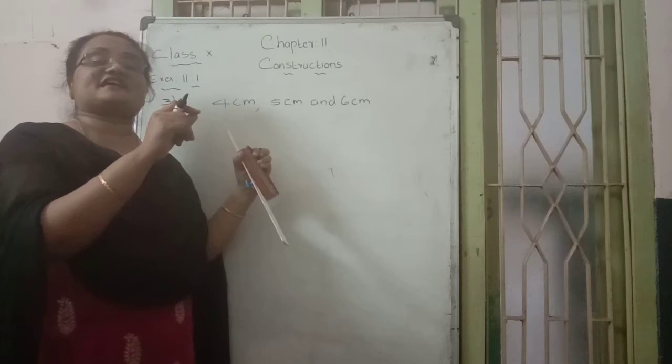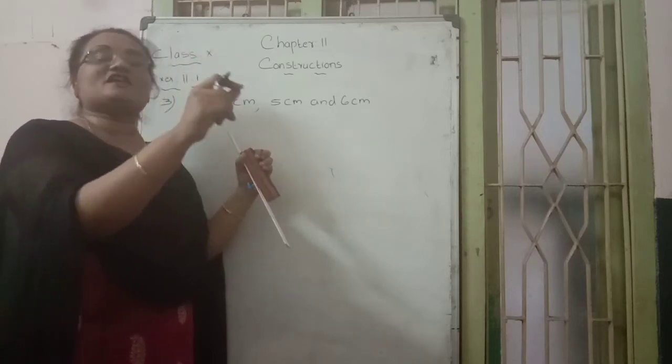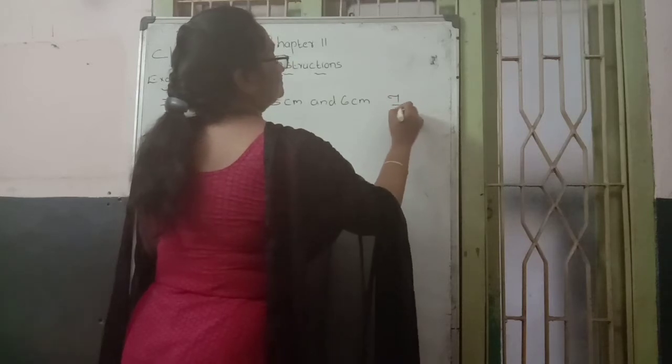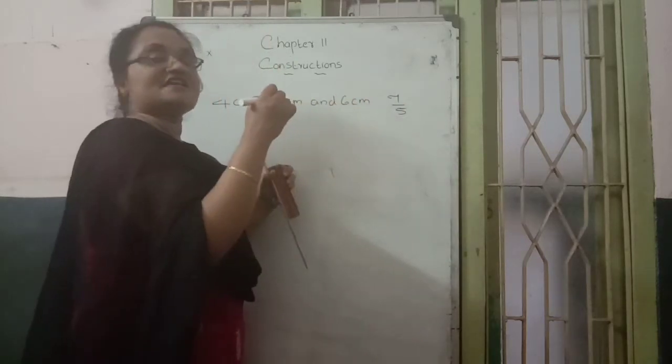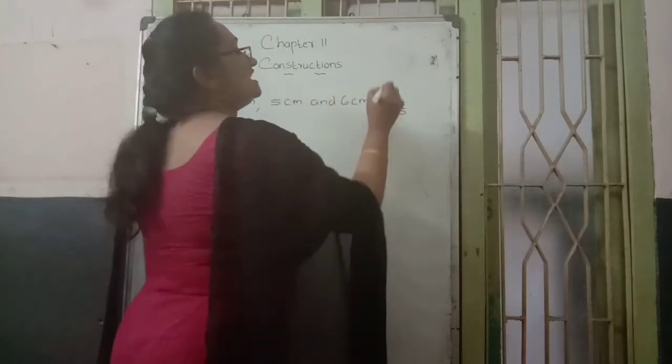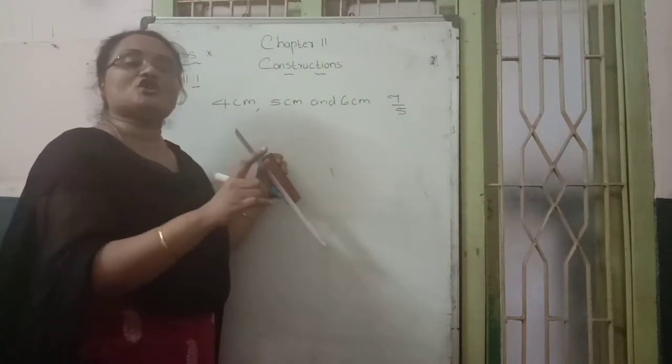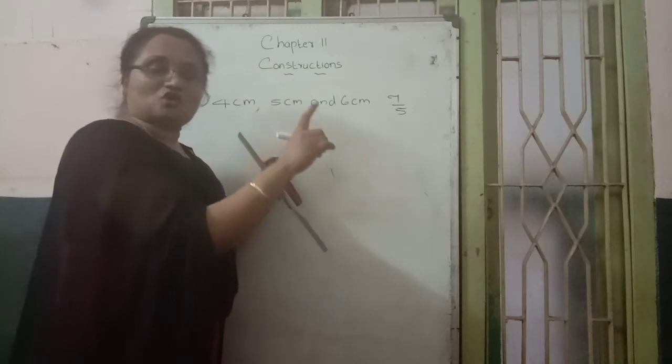The similar triangle has a scale factor of 7 by 5. The scale factor is given as 7 by 5 times the corresponding side of the original triangle.